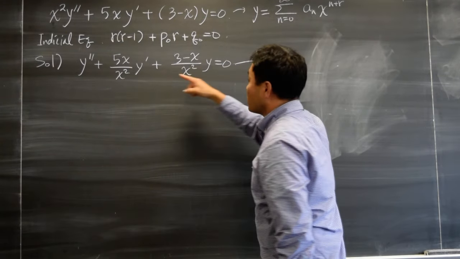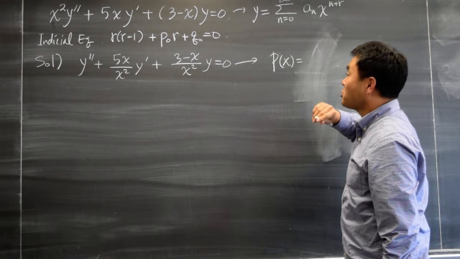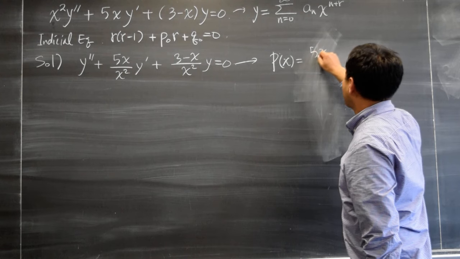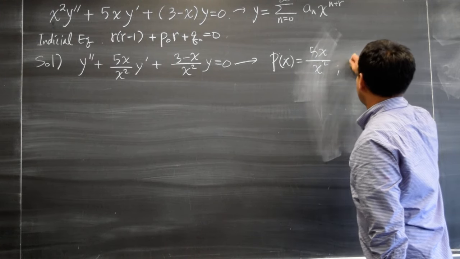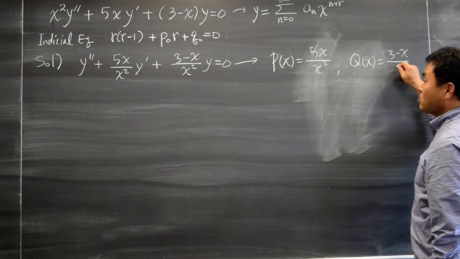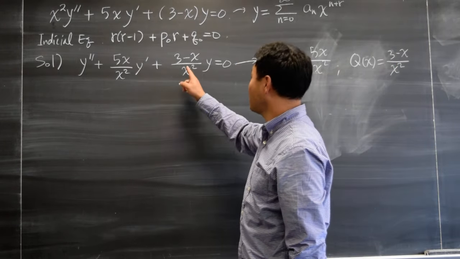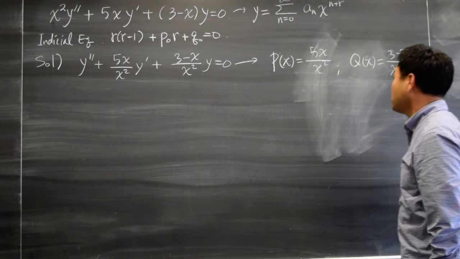And from here, you're going to call capital P of x as 5x over x squared, and capital Q of x as 3 minus x over x squared. So this one is called capital P, that's called capital Q.